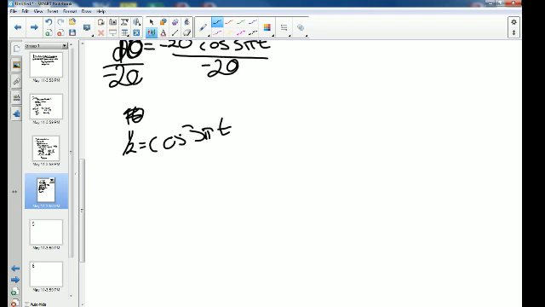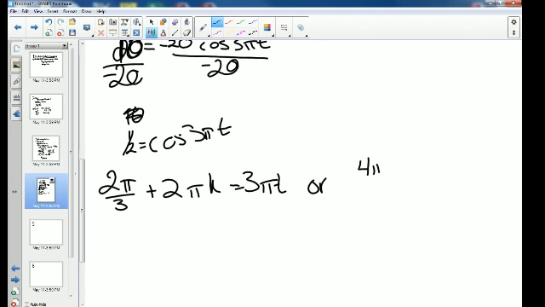The number equals pi k. So 2 pi over 3 plus 2 pi k equals 3 pi t. Or, to make it simpler, 4 pi over 3 plus 2 pi k equals 3 pi t.